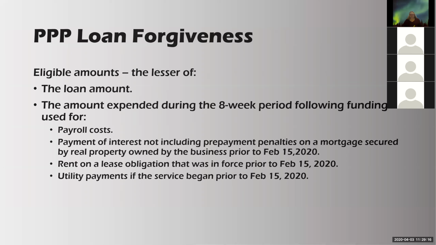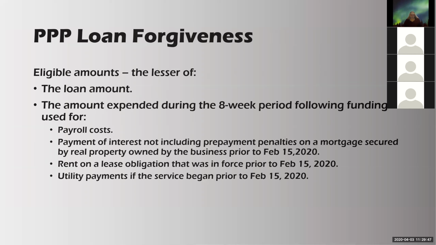Now, these ones are interesting because you have to have owned the property prior to February 15th. So if you bought your property after that, then you can't use this loan for that, but you can use the other one. Rent or lease obligation that was in force prior to February 15th, or utility payments if the service began prior to February 15th.